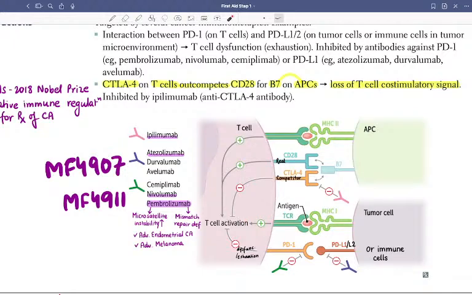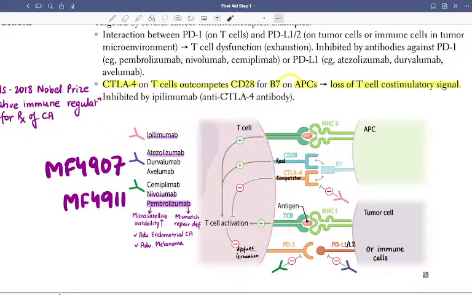It is inhibited by antibodies against PD1 and PD-L1. Antibodies against PD1 are these three: cemiplimab, nivolumab, pembrolizumab.